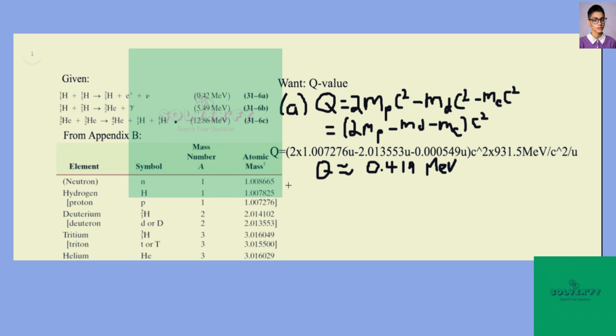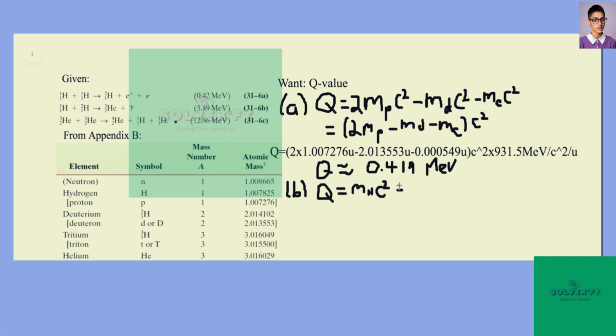Now for B, we proceed in a similar way, where we write our expression for Q by subtracting the items on the right side of the arrow from those on the left side. Now, you'll notice that this time I'm marking M sub H for hydrogen, and I will explain that in just a moment.